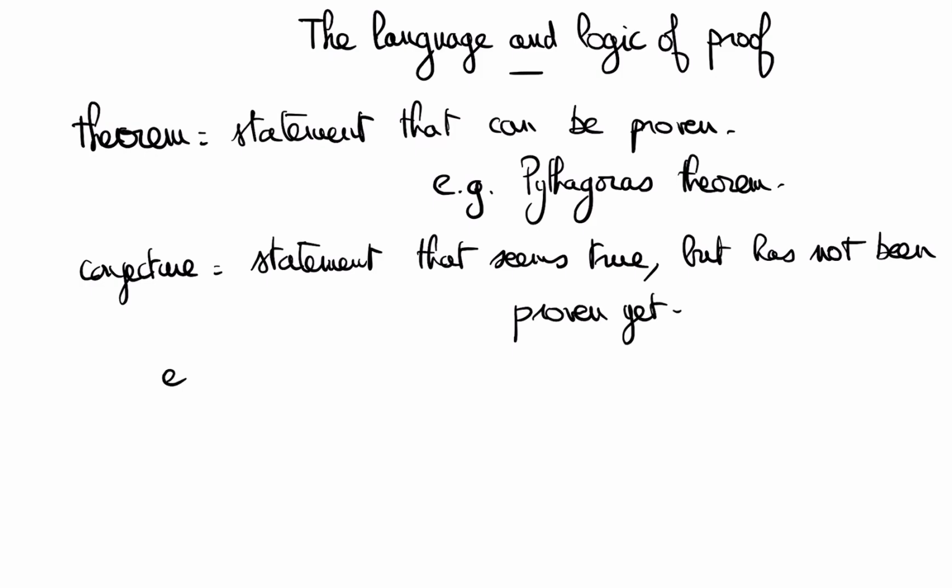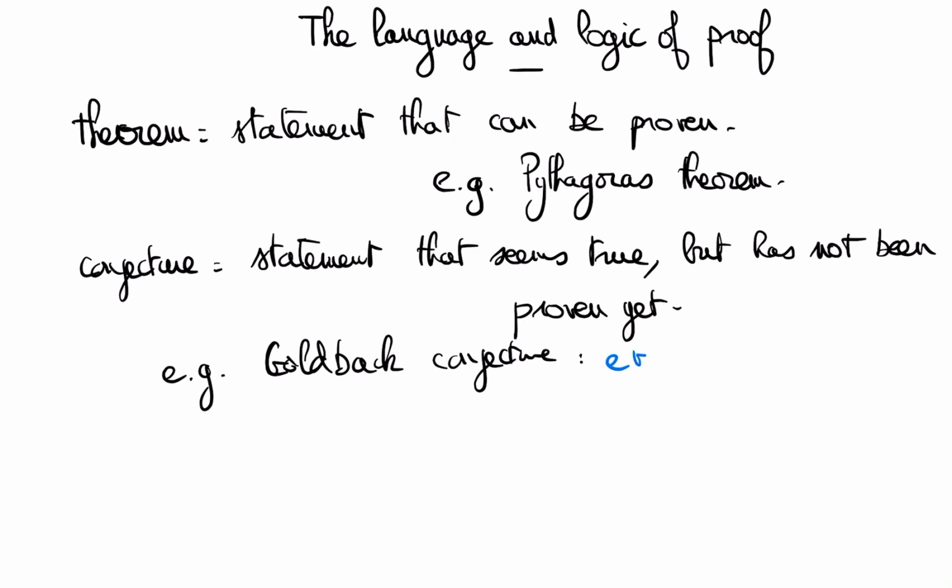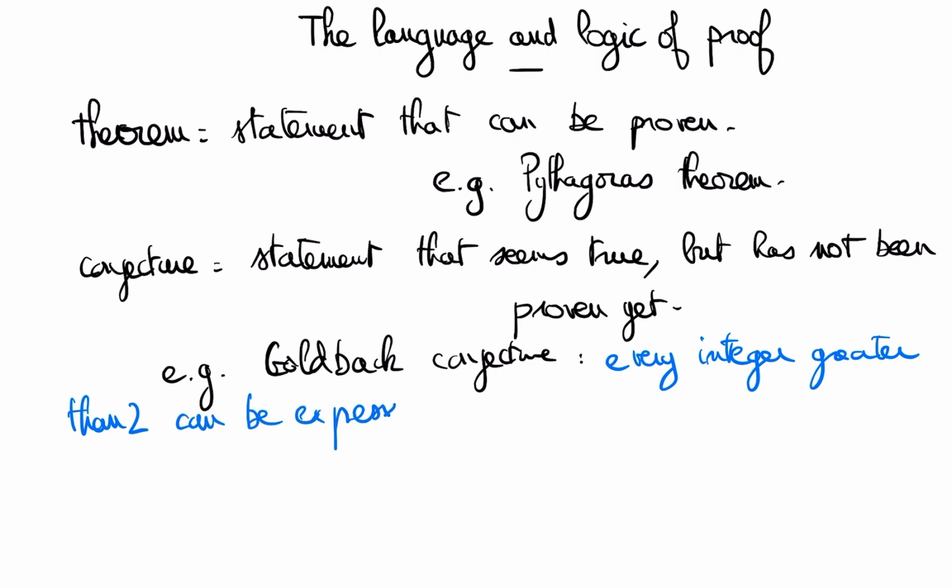So, for example, there is something called the Goldbach conjecture, which states that every integer greater than 2 can be expressed as a sum of 2 prime numbers.